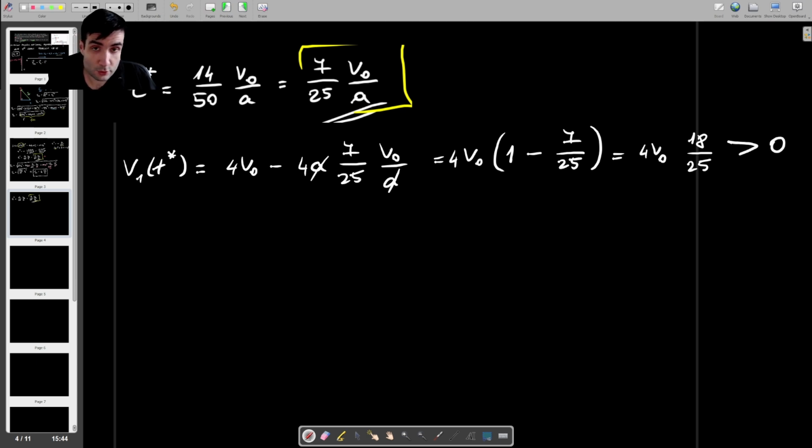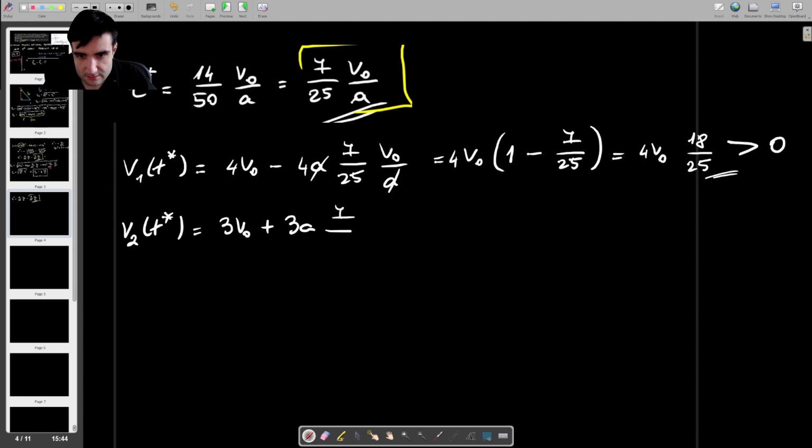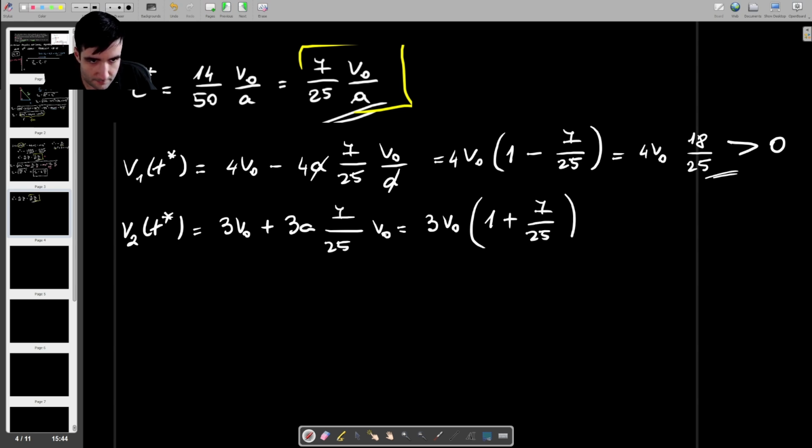Which is positive, so this means that the first object is slowing down and is still moving to the right, whereas the velocity of the second object is 3v0 plus 3a times the time that we got here, which is 3v0 times 1 plus 7 over 25. So that's 3v0 times 32 over 25.